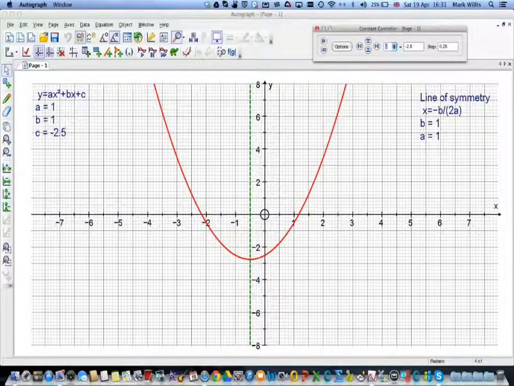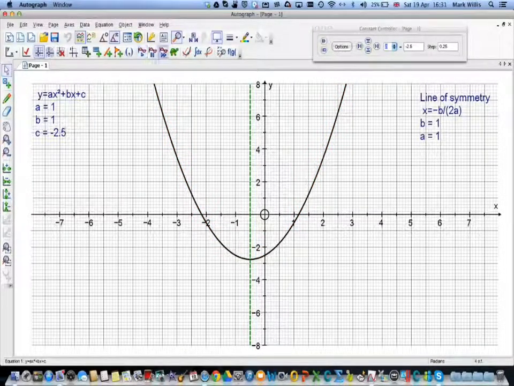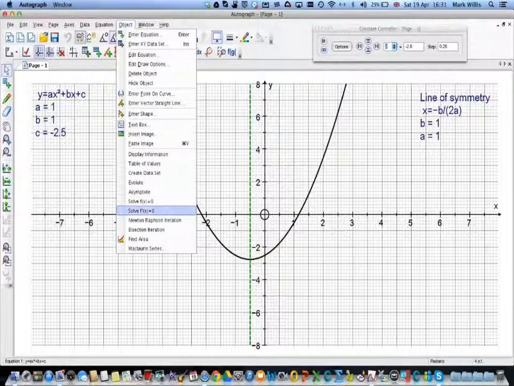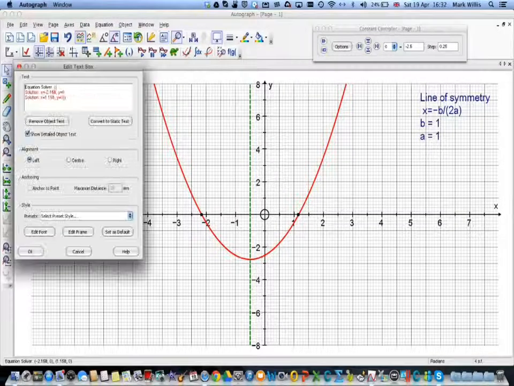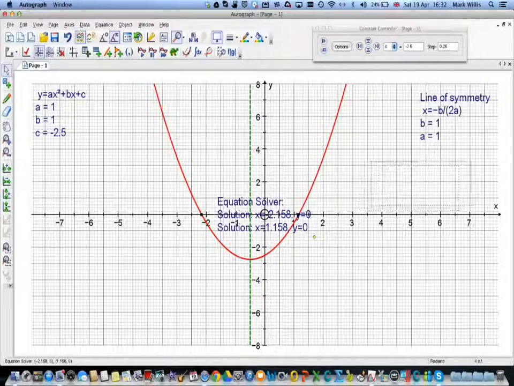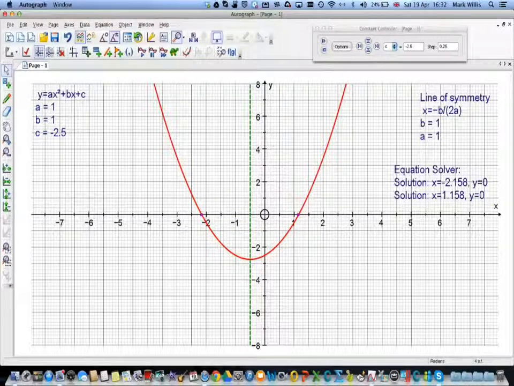If we try to solve this by pressing it and pressing object, solve function, putting it equal to 0, two points arrive there and there, which gives me the two solutions. If we click on those two points and do the text box, it gives me the solution to the quadratic when it's equal to 0. So this gives me the point minus 2.158, and this gives me the point 1.158.